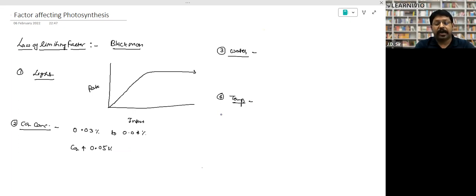Go through your NCERT and tell me if you have any doubt in this chapter. Guys, please go through that. When you say that you don't have any doubt, then I will go to the next step.